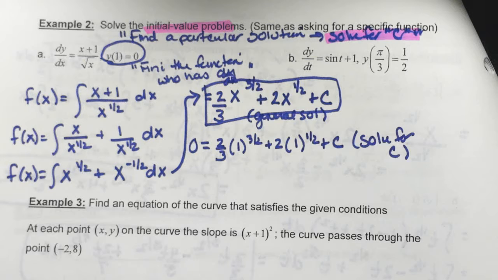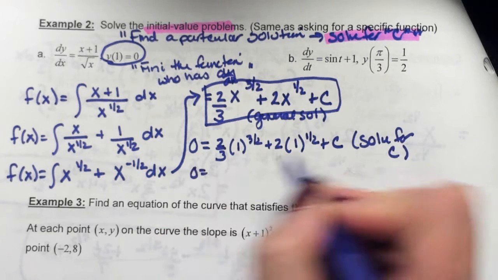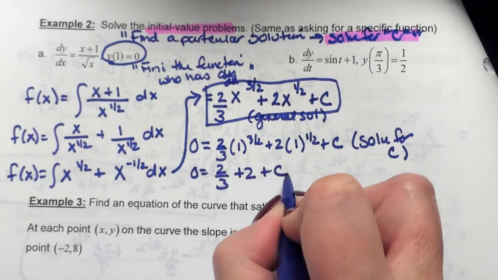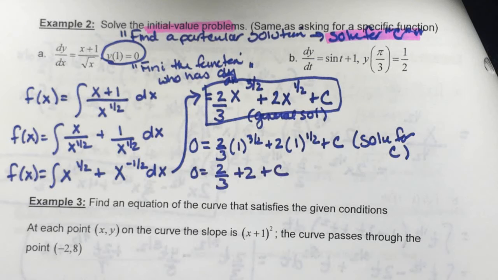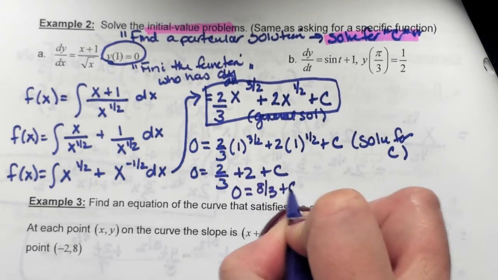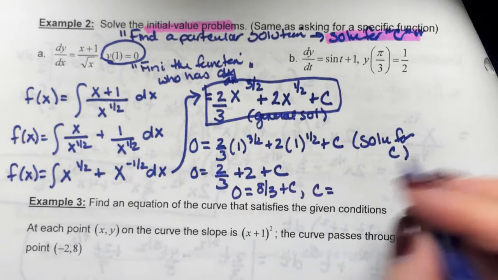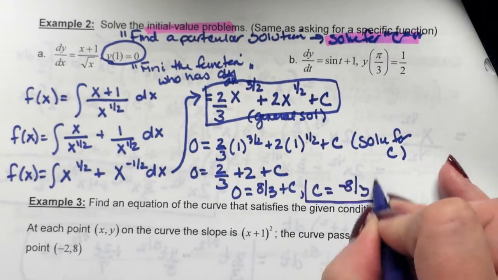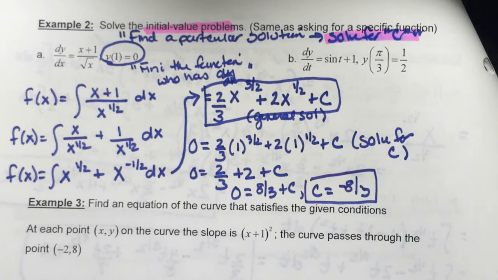So any questions on how I plugged in the 1 or the 0? So again, 1 raised to any power is just 1. I have 0 is equal to 2/3 plus 2 plus c. So 2/3 plus 2 is going to give me 8/3 plus c. So what's c equal to? C is equal to negative 8/3. So any questions how I solve for c?